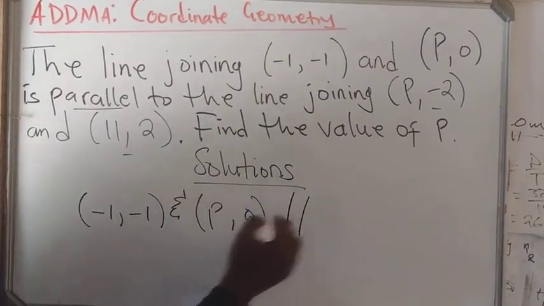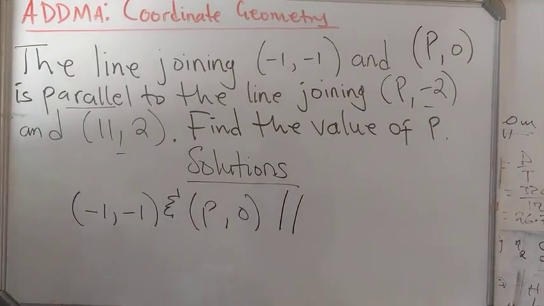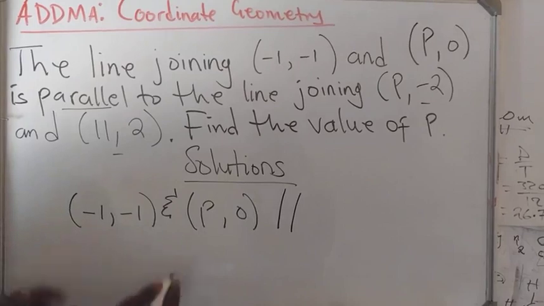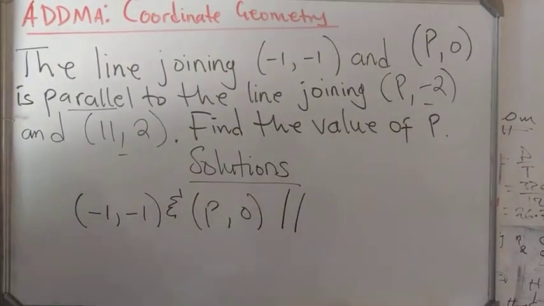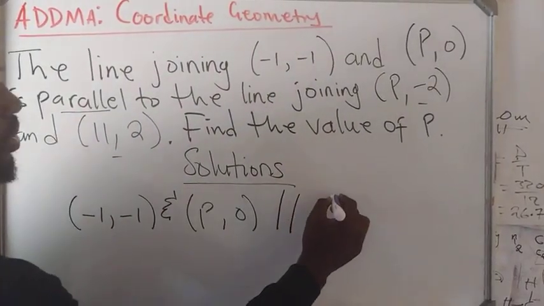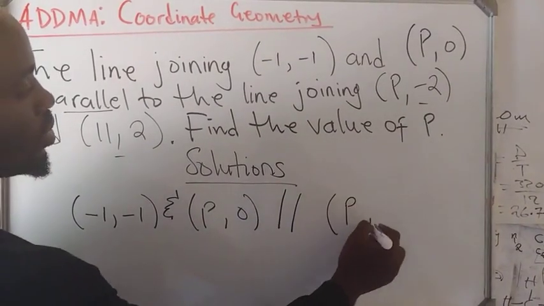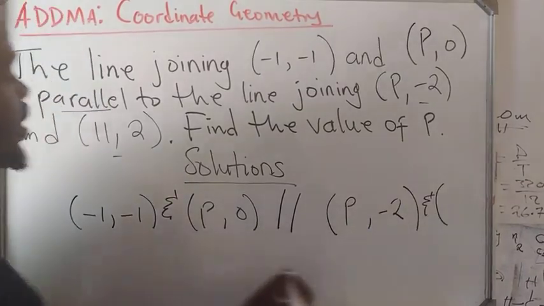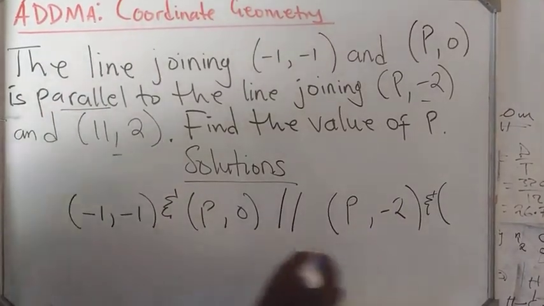We use this symbol meaning parallel, which we all know in mathematics. So this line is parallel to that. We write the other line where we have (p, -2) and (11, 2).